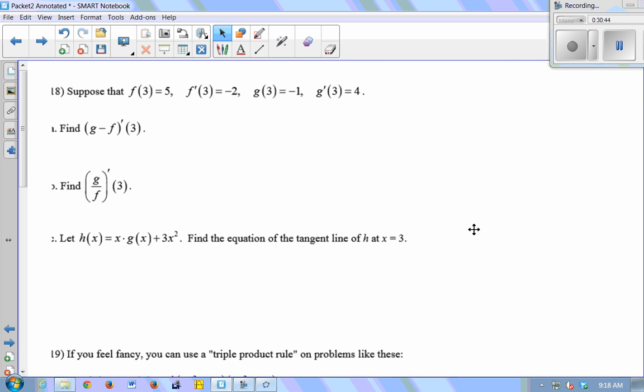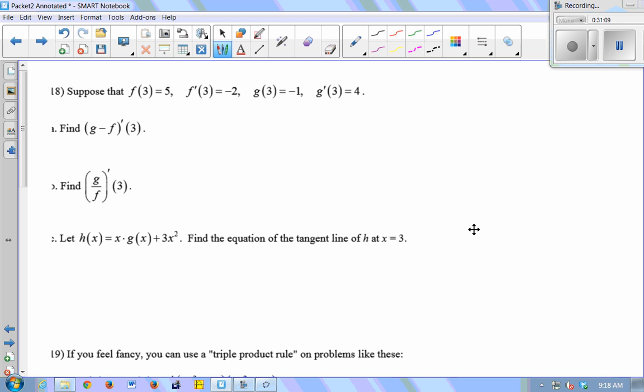Okay, so we can use the product and quotient rules even if we don't have actual formulas for f and for g. So I'm given values of f, f prime, g, and g prime, all at x equals 3. So I want to find g minus f prime evaluated at 3.